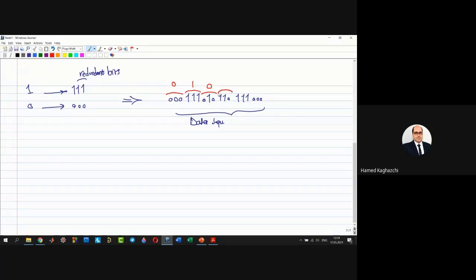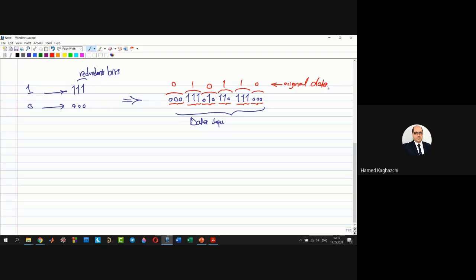What about this one? Because the majority of bits are 1, I consider these code words as 1. Now, this one is 1, these 3 bits is 0. Now, this is my original data.